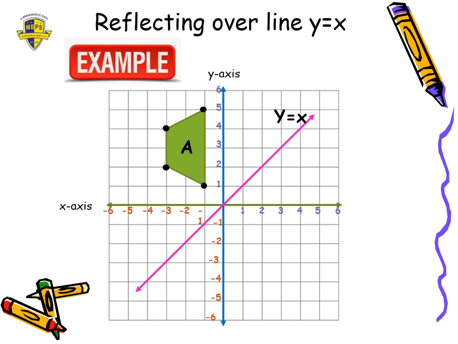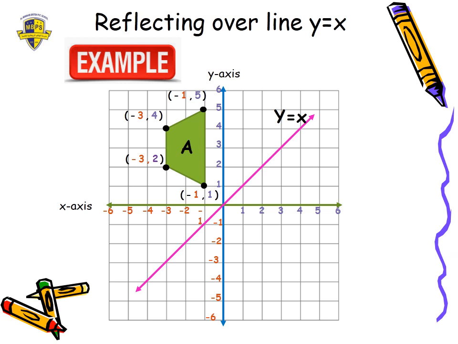The first one is (-1, 1). The second one is (-1, 5). The third one is (-3, 4). And the fourth one is (-3, 2).